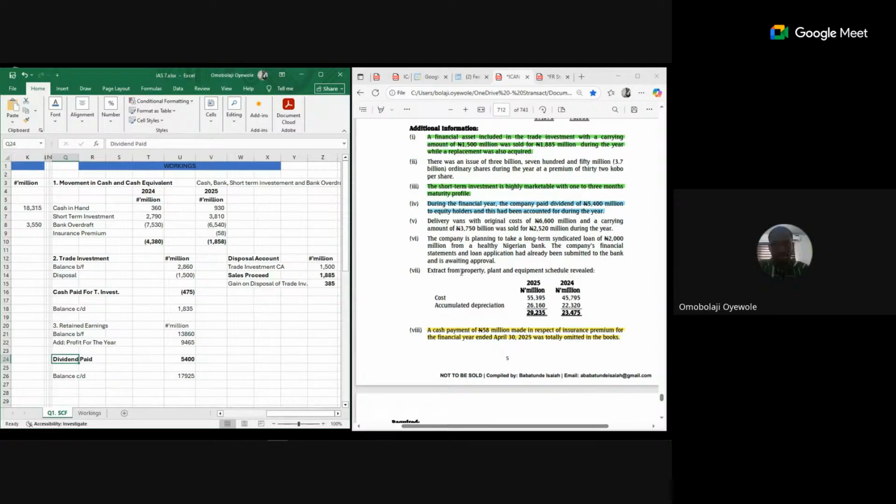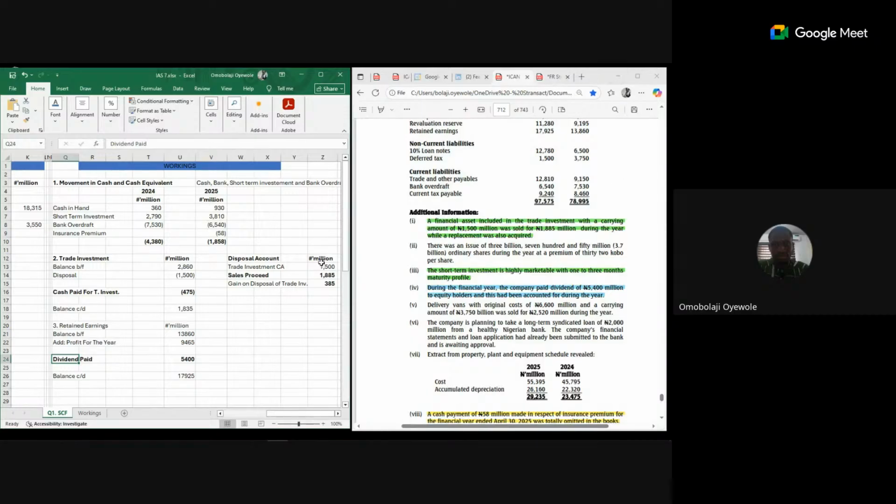So that is to tell us that this 3.75 billion ordinary shares that was raised during the year is a result of the increase from last year's shares to this year's shares. Let's check it very quick. Ordinary shares.